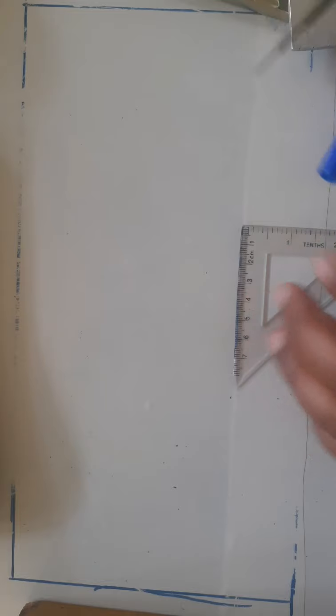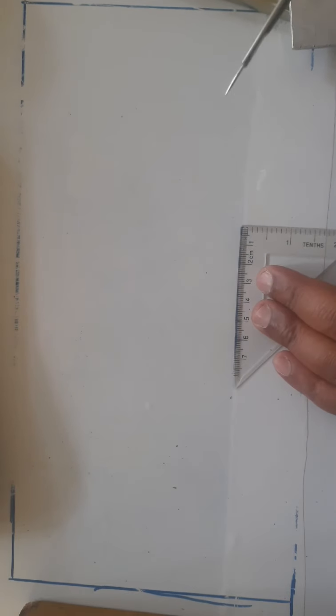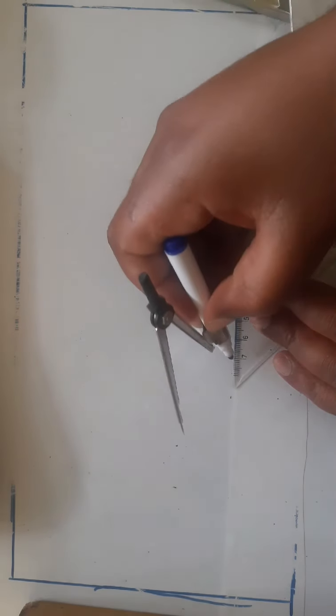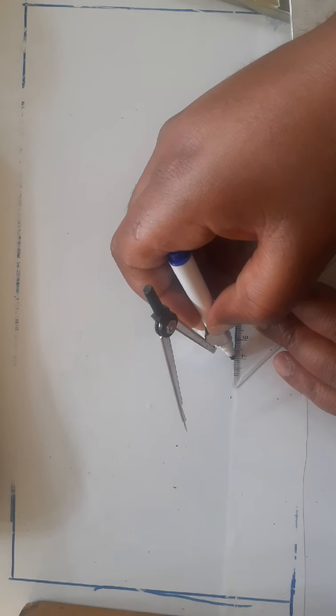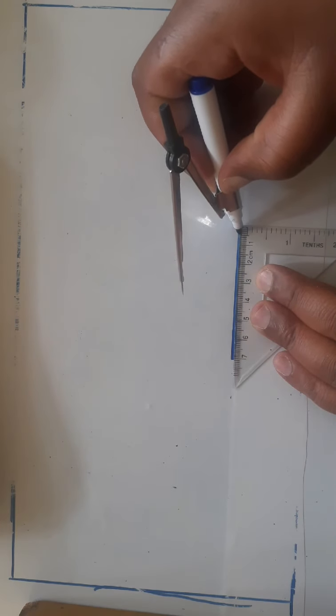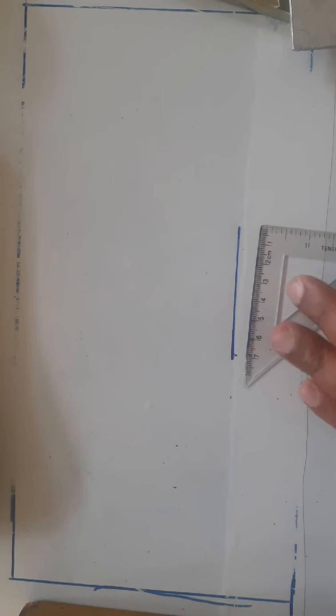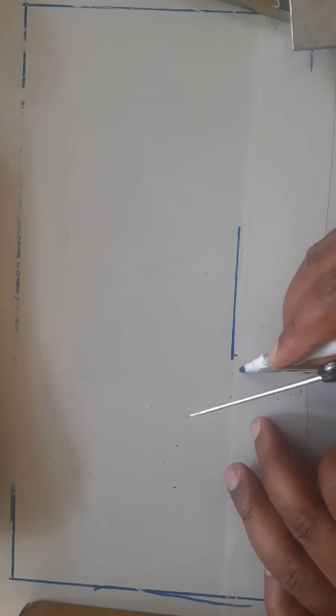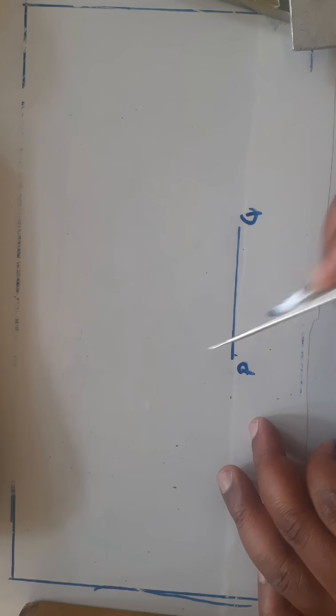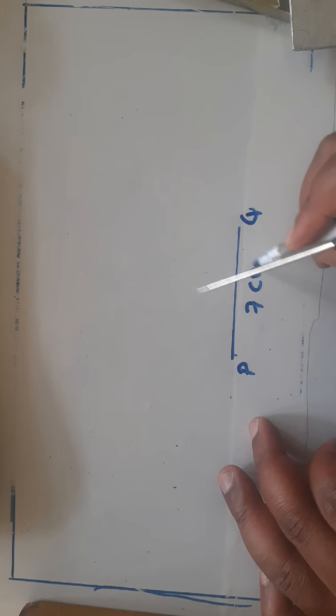So from here to 7. That is our base, and this base is PQ. So you write it as PQ. It's supposed to be 7 centimeters.